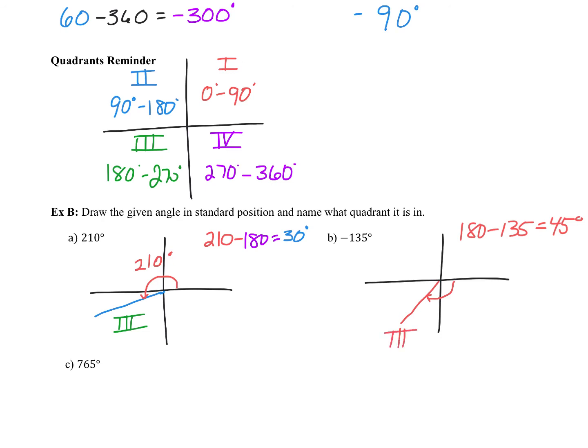And I landed in quadrant 3. So this is negative 135. You could also think of it as mirroring, right? We know 135 would be over here, and then just mirror down to go negative.